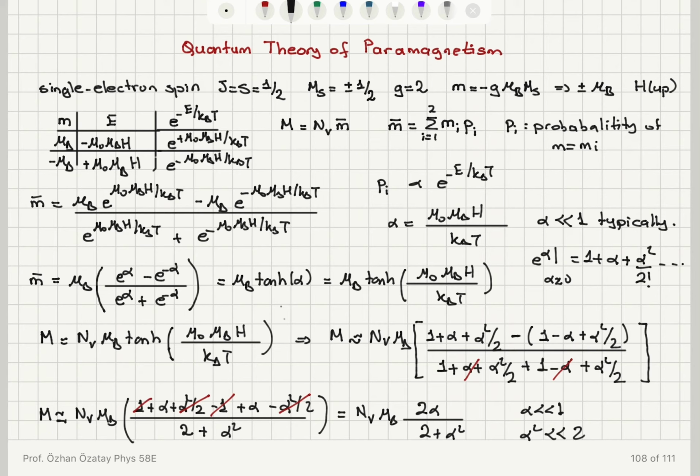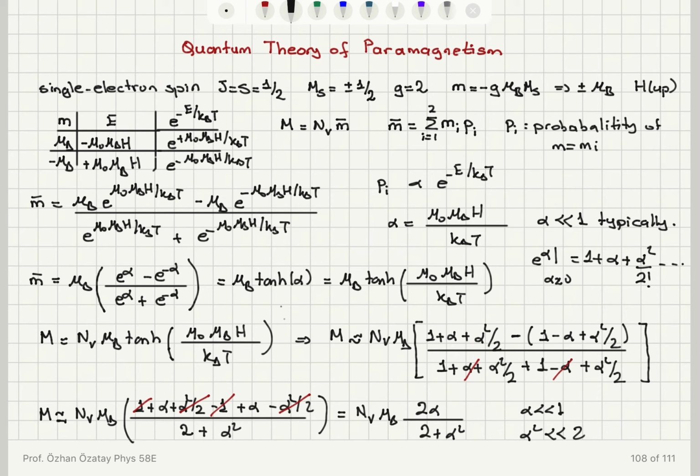The corresponding magnetic moment is minus g Bohr magneton m_s, so it is either plus Bohr magneton or minus Bohr magneton. If you have plus Bohr magneton, the corresponding energy is minus mu_0 mu_B H if H is up, and the corresponding Boltzmann factor is e to the plus mu_0 mu_B H over k_B T, because it's e to the minus E over k_B T. And similarly for the minus case.